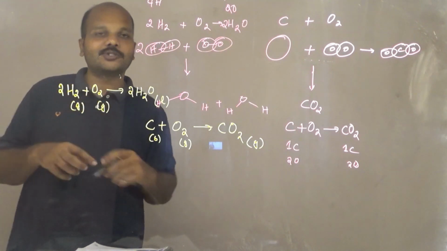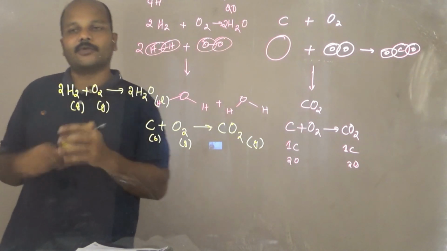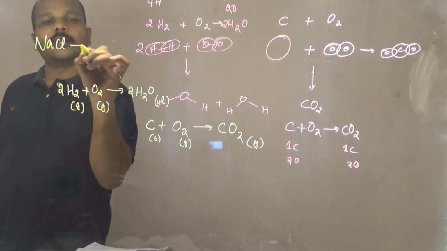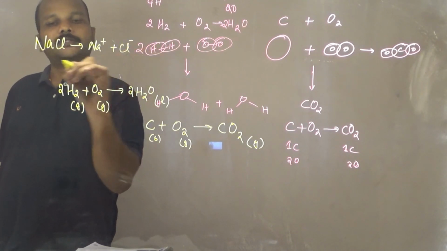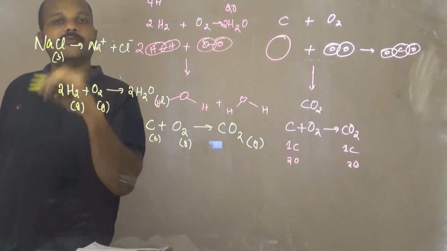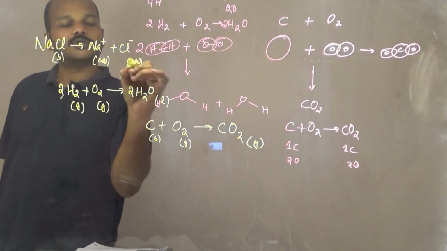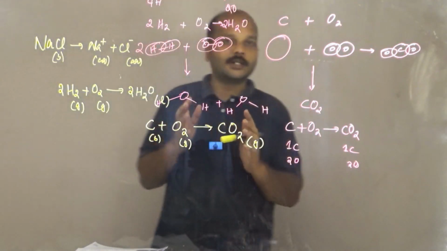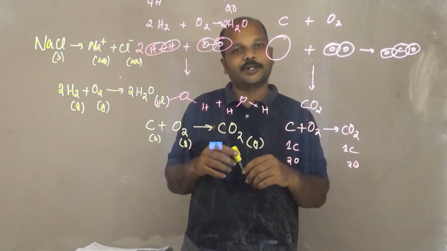Hydrogen is a gas, oxygen is also a gas. Similarly, whenever you are writing an equation, for example, the ionization of sodium chloride, NaCl gives Na plus and Cl minus. NaCl is a solid. Now when it is ionizing, it is aqueous. AQ denotes that it is in a watery environment.